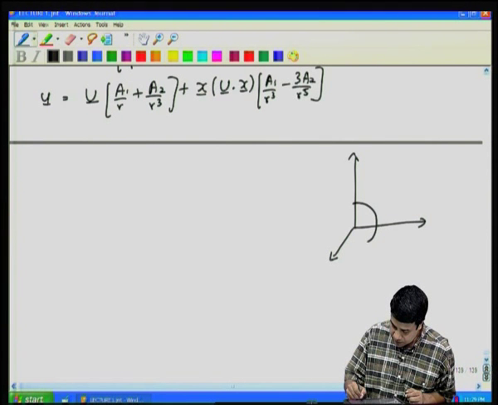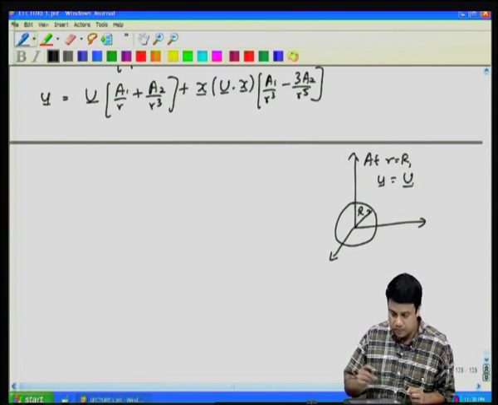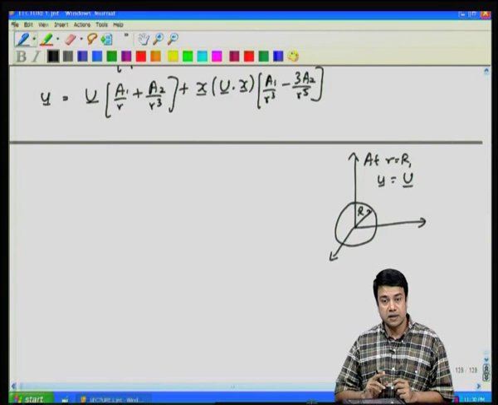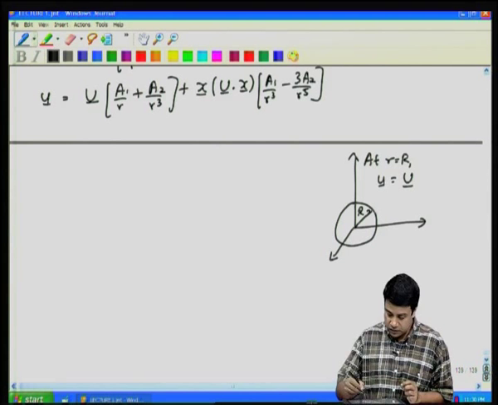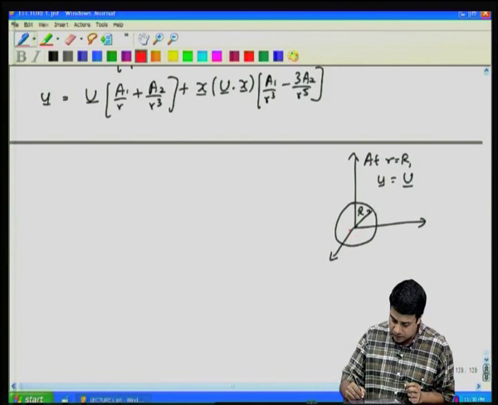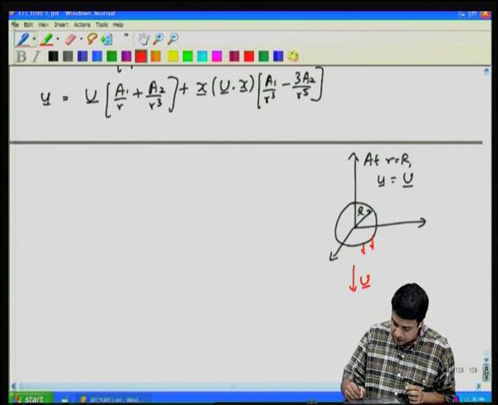So, the boundary conditions on the surface of the sphere at r is equal to capital R, u is equal to capital U. Okay. That means that u has a component only along capital U vector. Okay. So, that if my capital U vector is in this direction, that means that at the surface of the sphere, the velocity has to be equal and only in the U direction.